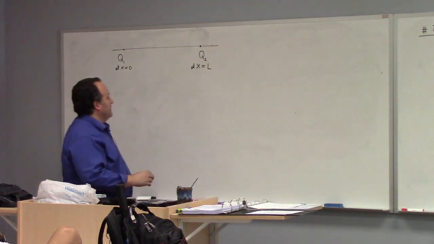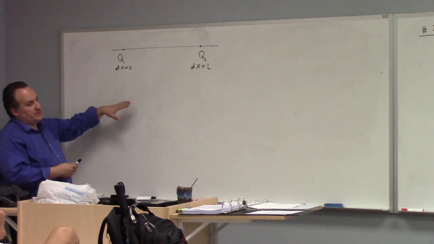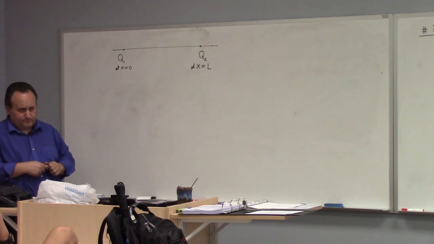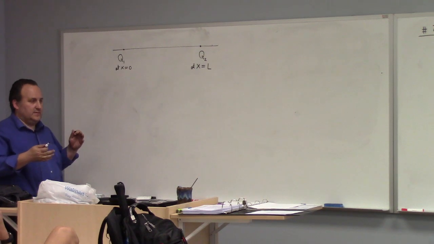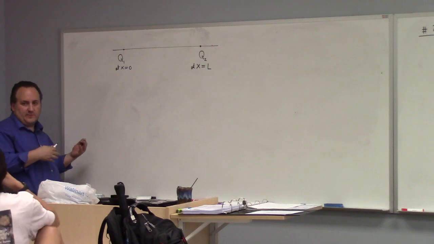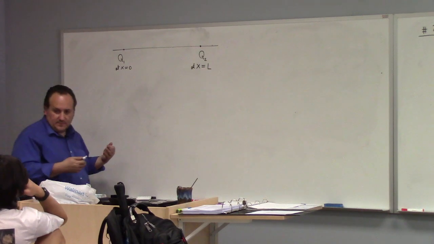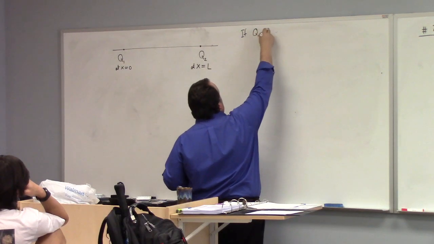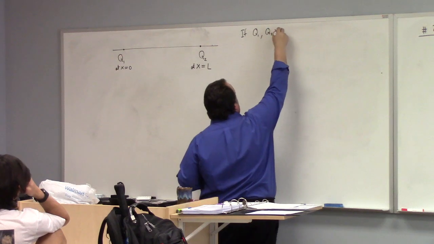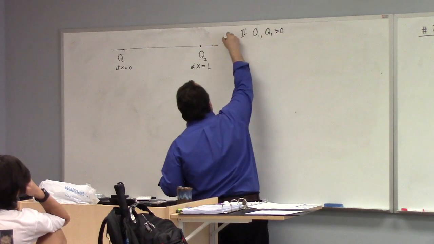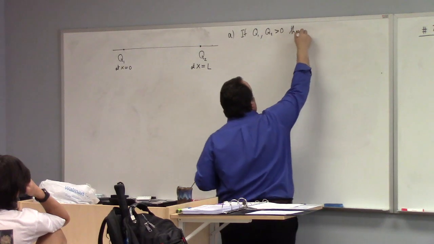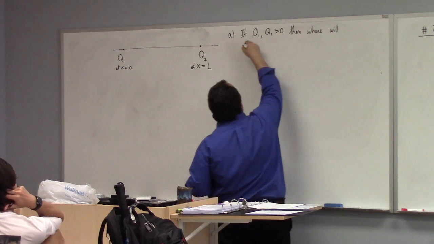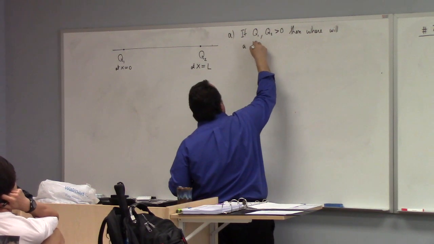But anyway, the question is, where in the middle is there equilibrium? Or is it in the middle? Let's start with the case that they're both positive. If Q1 and Q2 are both positive charges, and the one in the middle is also positive, where should we place a test charge q to get equilibrium?